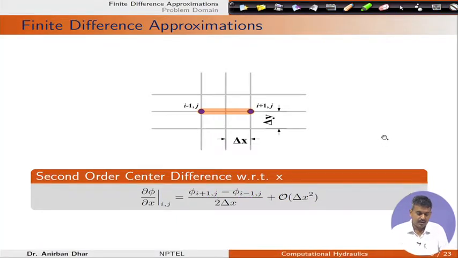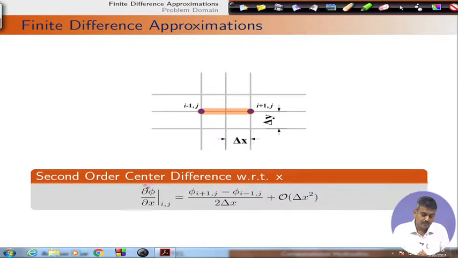Further, this is second order central difference. This is first order derivative, and this is second order accuracy. So, phi i plus 1 and phi i minus 1, 2 points, and this is our point i j.